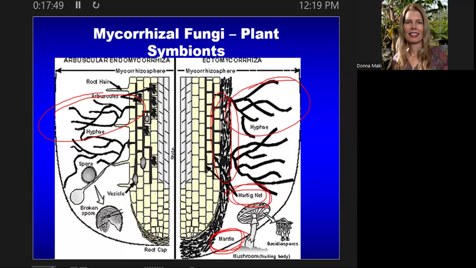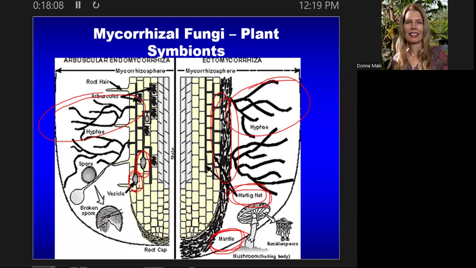They also form vesicles. So this is fungal hyphae here, where you see that kind of balloon looking structure. And again, it's surrounded by plant cell membrane, but they can breach the cell wall and hug up to the cell membrane of the plant. And they look like balloons or vesicles.